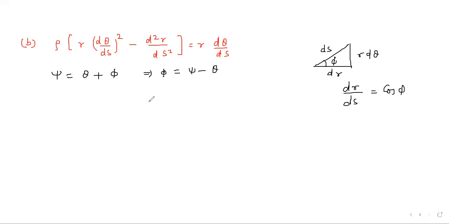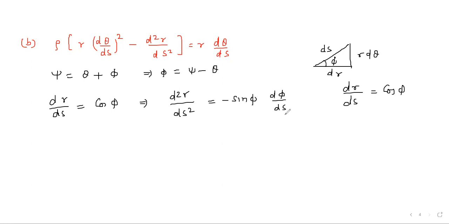So let's start from here. dr upon ds equals cos phi. We differentiate it once again with respect to s. So d2r by ds2 will be equal to minus sine phi into d phi by ds. And phi we can replace by psi minus theta.